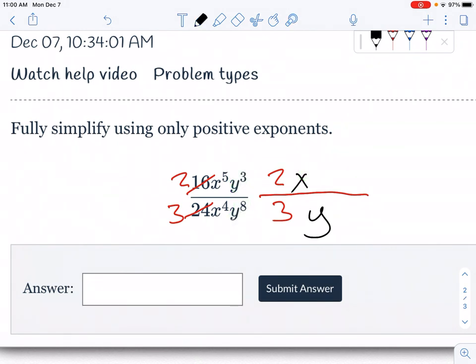And then I'm just subtracting. So I'm saying 5 minus 4 and 8 minus 3. You always do your large number minus your smaller number. And then for this one, you're going to get 2x to the 1st divided by 3y to the 5th.